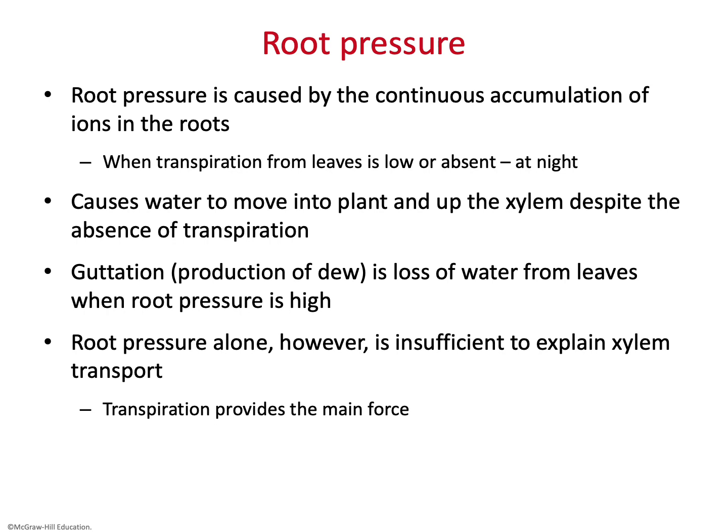When the ion concentration is increasing, this draws more water into the roots by osmosis. As you remember, water moves from a high water concentration to a low water concentration. So when the ion concentration is increasing in those root cells, they have low water concentration.